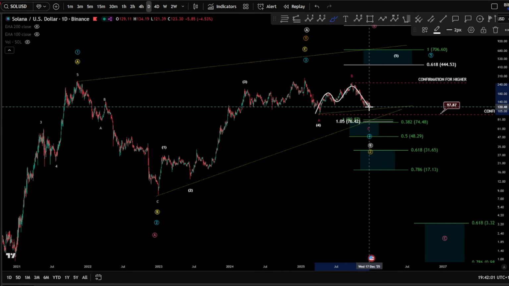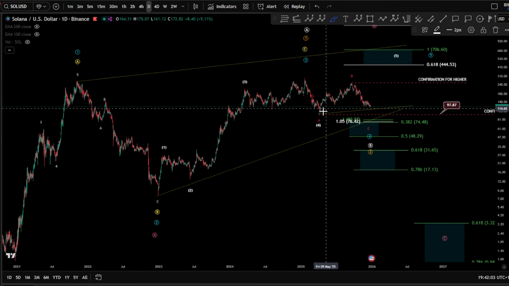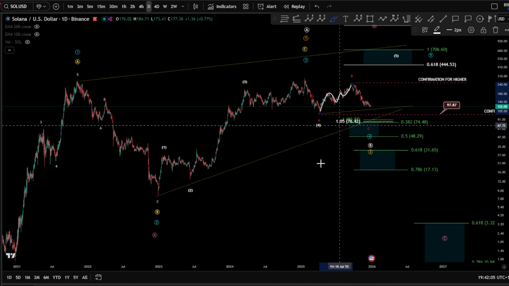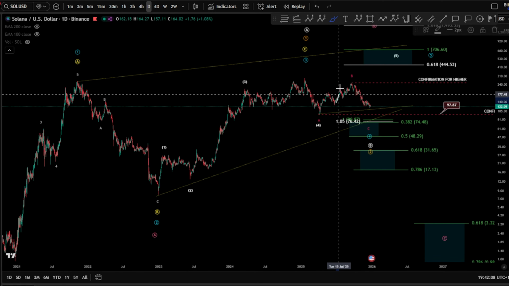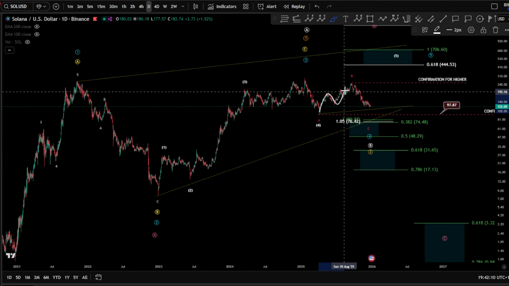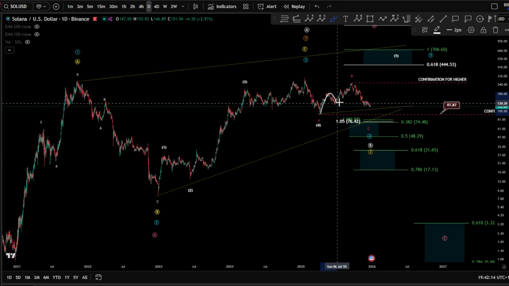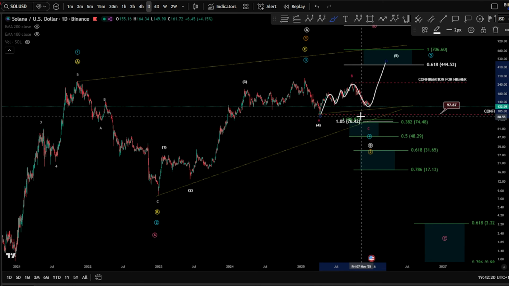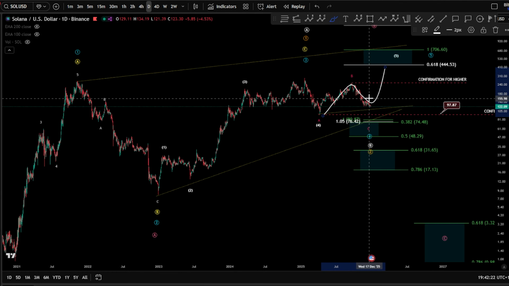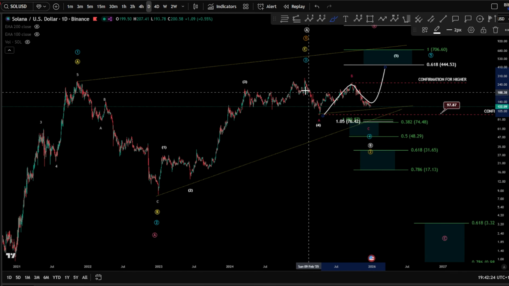It can be a zigzag here, which I doubt. I think this is much more likely to be a leading diagonal, because if you count here 3 waves like this, you will finish as W, X and a Y, yeah? Unless 1, 2, 3, 4 and a 5 leading diagonal, wave 2, and then pushing for higher, or ABC, which also doesn't make sense.